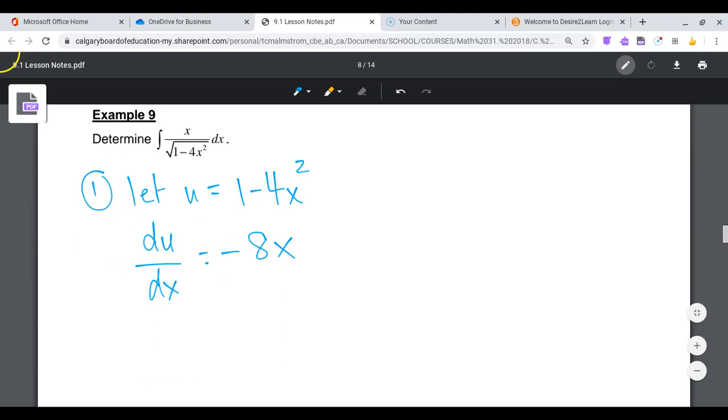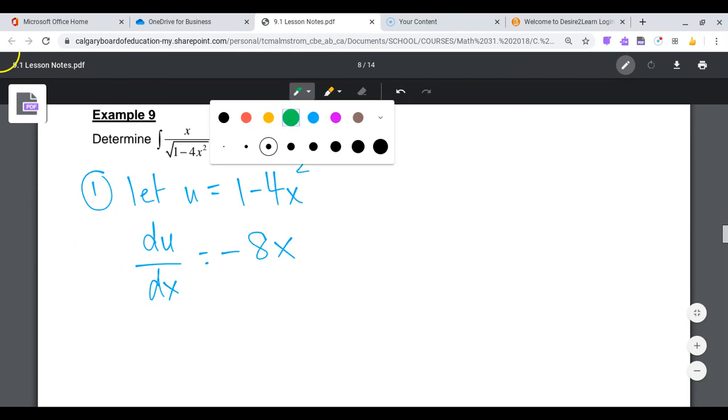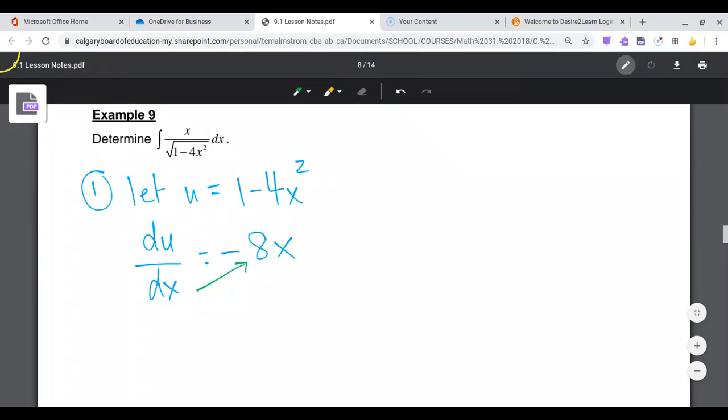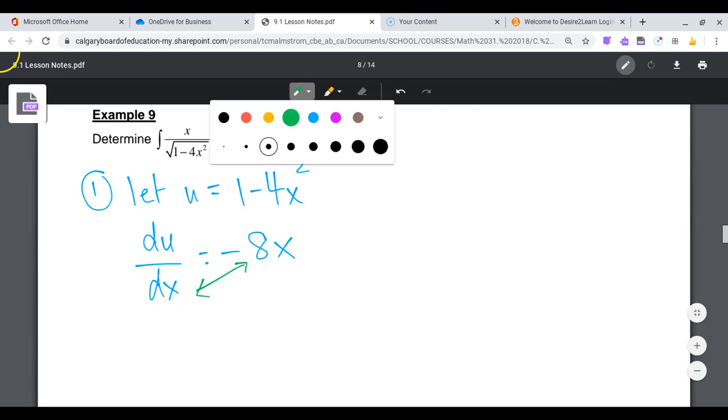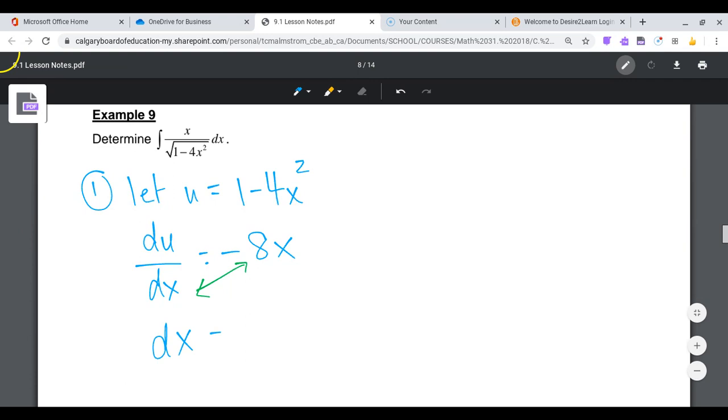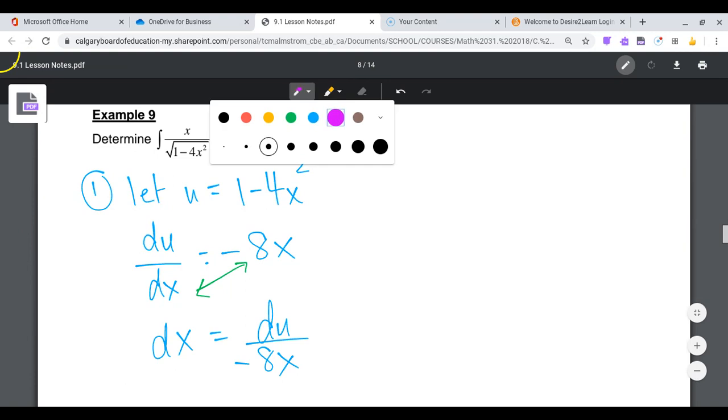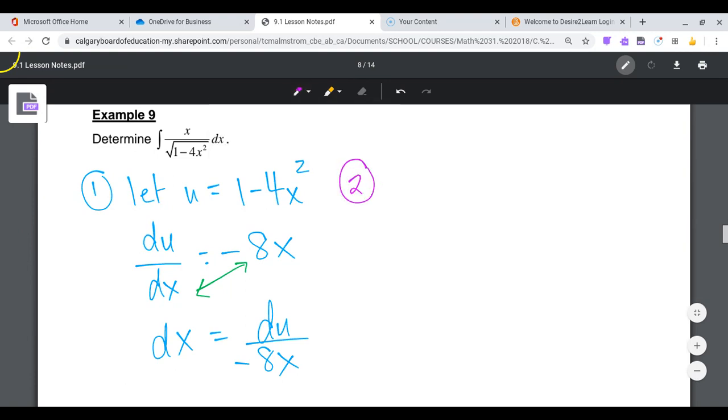So really what happens when we rearrange is we multiply the dx up and we put the negative 8x, we divide it down. Okay, that's really what's happening in the rearranging process. So we end up with dx is equal to du on negative 8x. And then we get to do our substitution part.